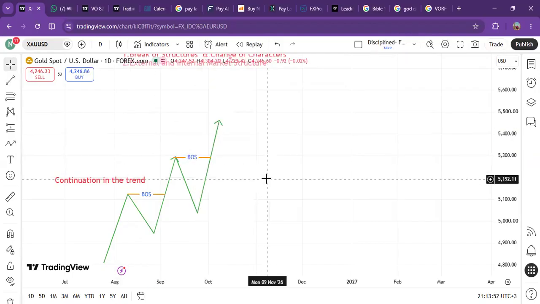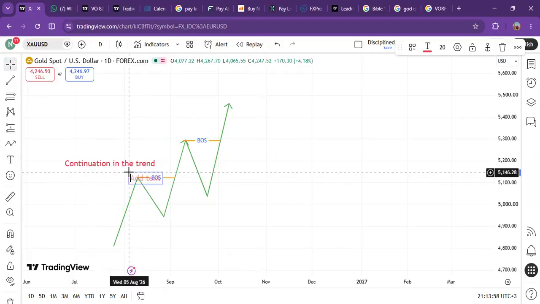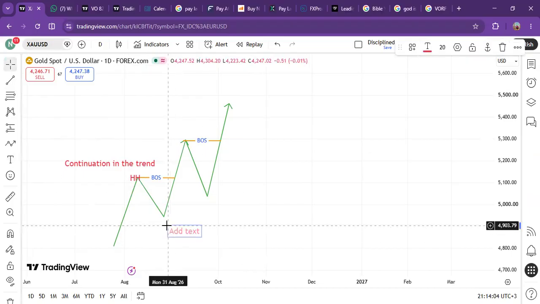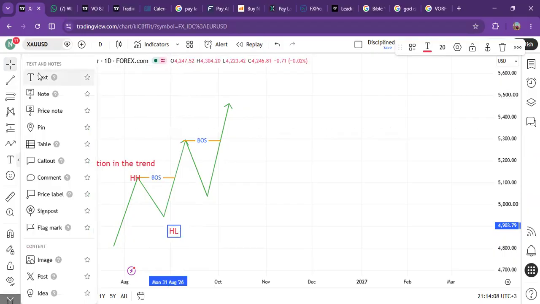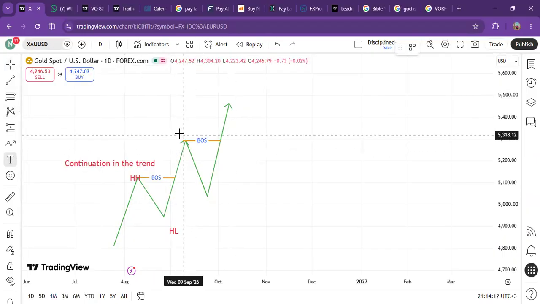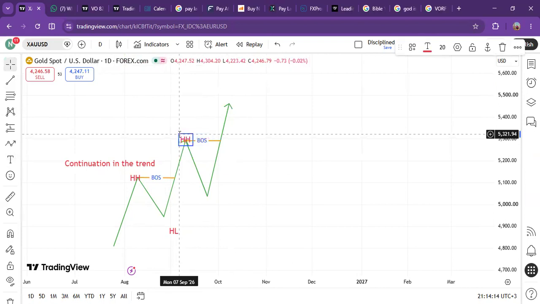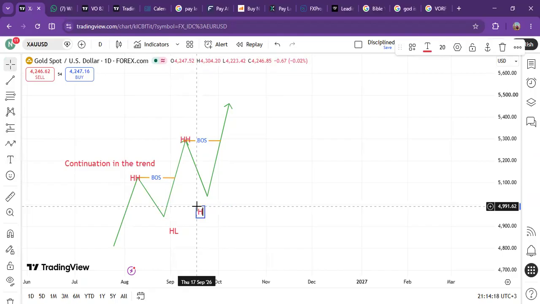Okay. So when it comes to break of structures, we usually have, so this is our higher low, higher high. Then at this point we have our higher low. Okay. We have our higher high, and on the lower side we have the higher low.